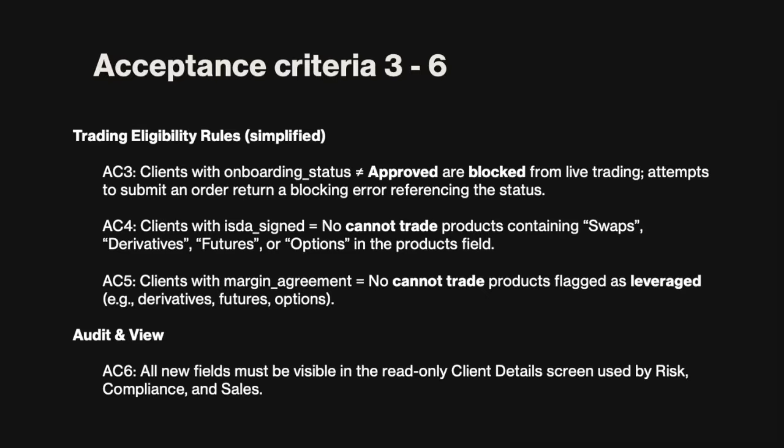The model distilled the rules to a simple predicate: approved and (cash or ISDA plus margin) and channel in connectivity. It then generated a matrix that covers positive paths, for example, approved plus ISDA plus margin on derivatives. Next, negatives for every gate: non-approved, no ISDA, no margin, wrong channel.